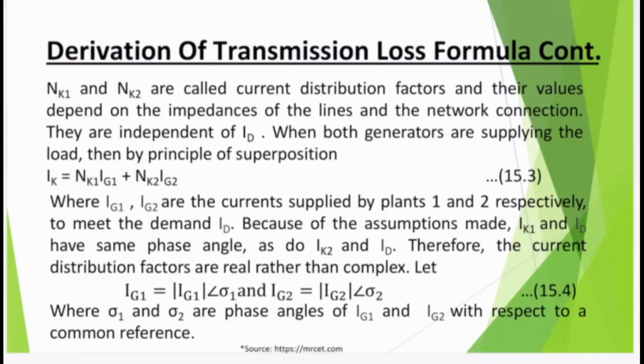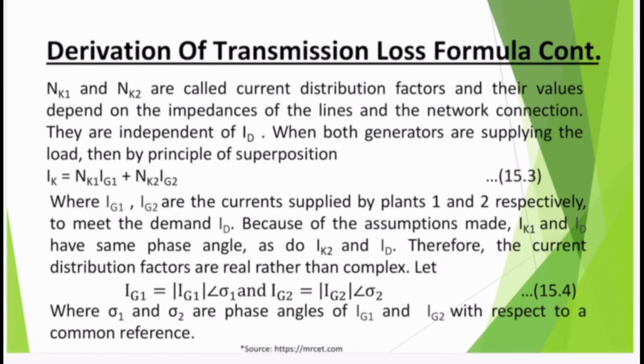When both of them are present, then my IK will be NK1 IG1 plus NK2 IG2, where IG1 and IG2 are the currents supplied by plants 1 and 2 respectively, to meet the demand ID. Because of the assumption made, IK1 and ID have the same phase angle, as do IK2 and ID. Therefore, the current distribution factors are real rather than complex.